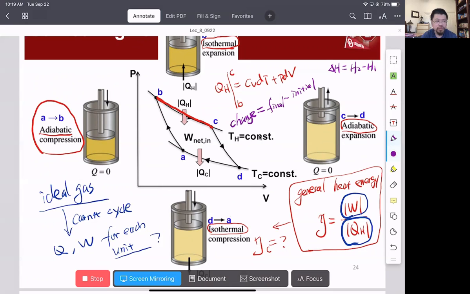I think we saw a few examples. Some of you got confused using H1 minus H2. Then you are going to mess up the sign or the following calculation. So try to pay attention to the change calculation. It's always from initial to final, so the final value minus the initial would be the change.